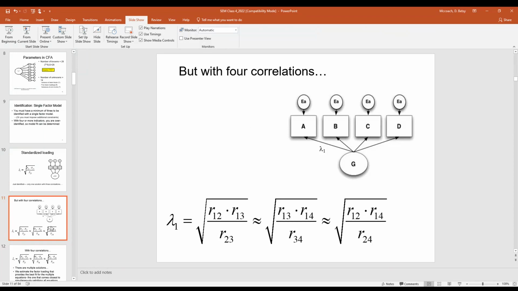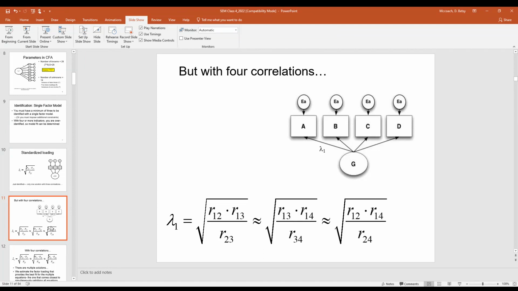Because I've had to come up with some compromise estimate of lambda 1 that has to simultaneously come as close as possible to fitting these 3 criteria. Does that make sense? And so that's what over-identification is all about.